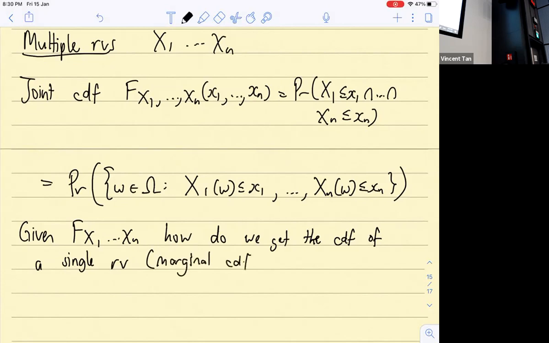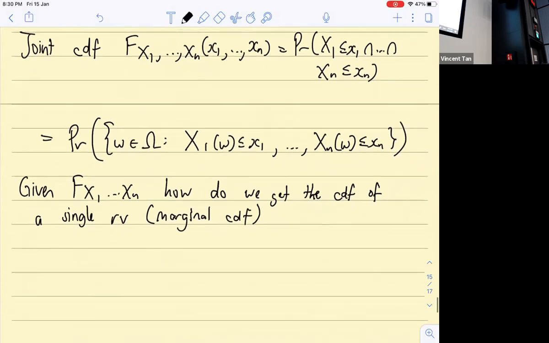Suppose I'm only interested in the ith one. So I fix an i from 1 to n, and I'm interested in F_{Xi}(xi). What I do is I take the CDF of the n random variables and set everything to be infinity except the ith one.